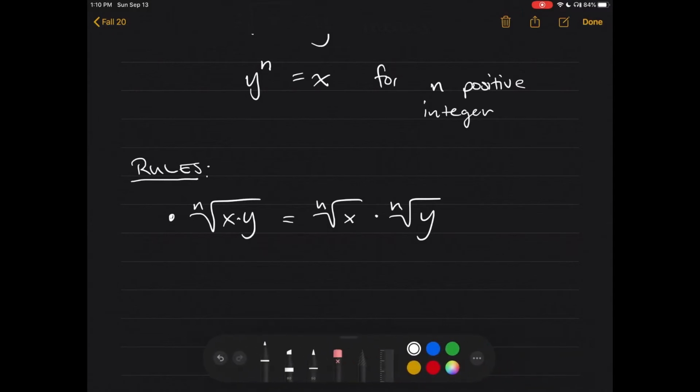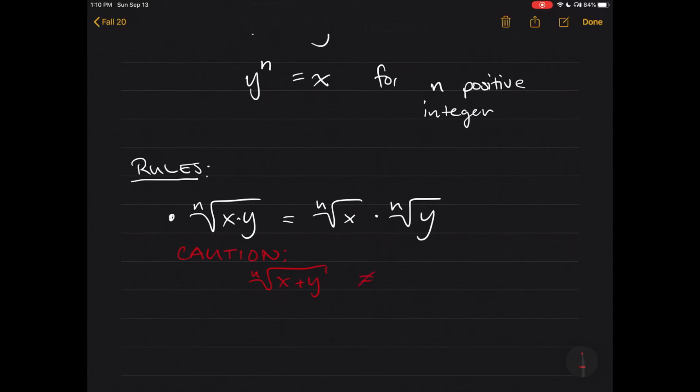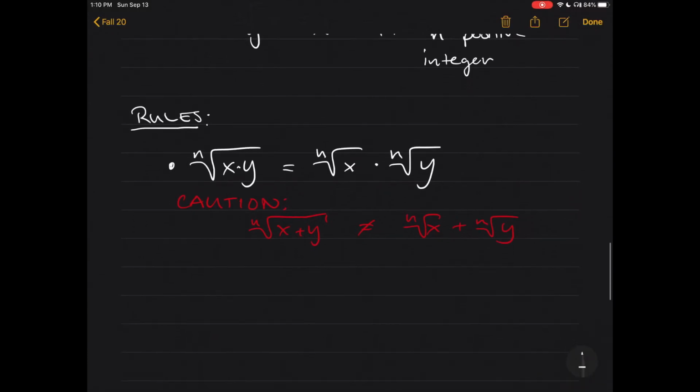Be careful. Caution: the nth root of x plus y is not always equal to the nth root of x plus the nth root of y. This only works for multiplication.